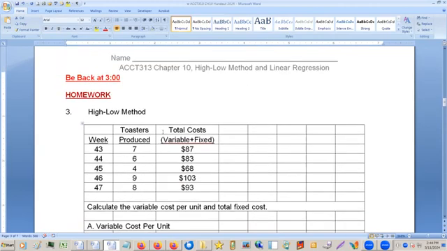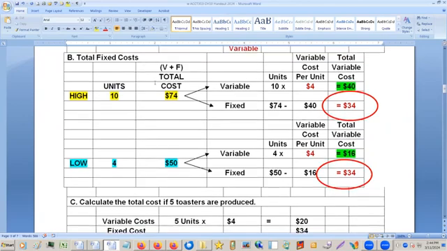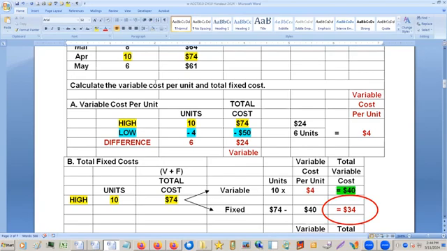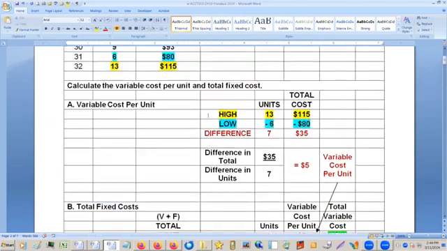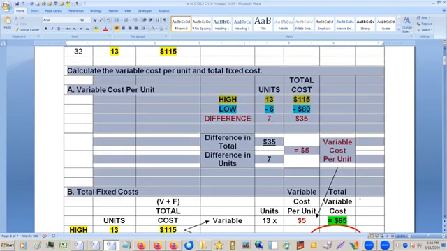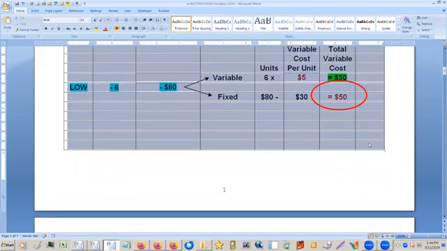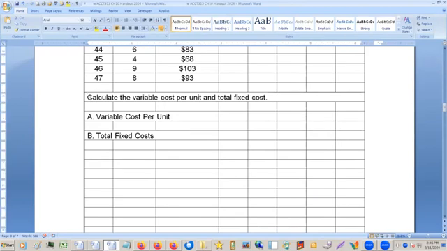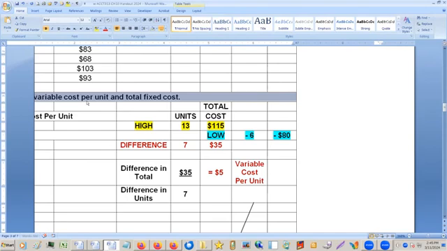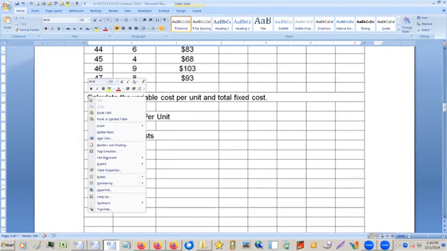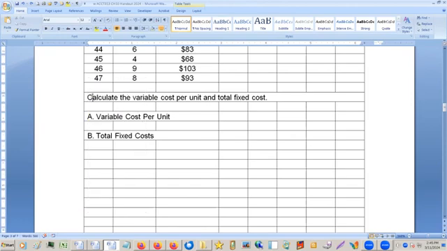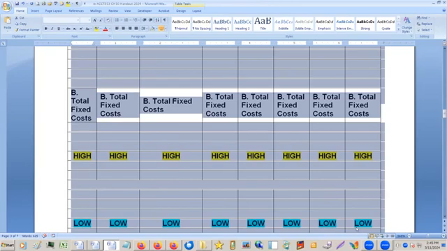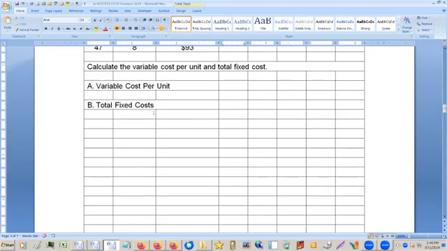While you're gone, I'll be working this one. Funny. It's not copying it.